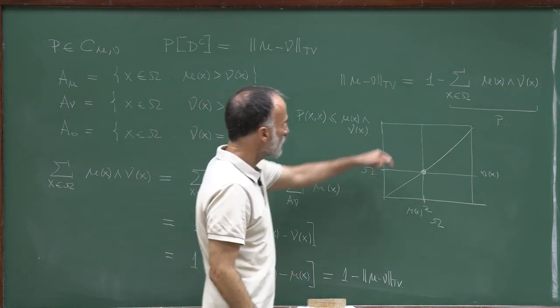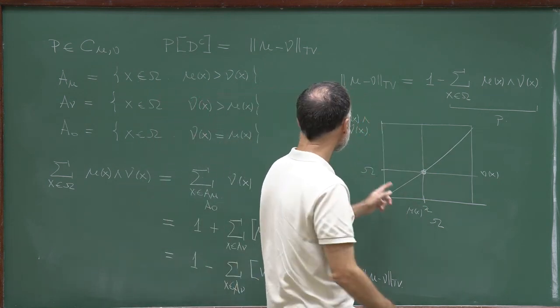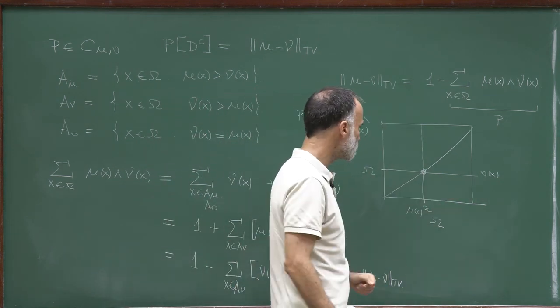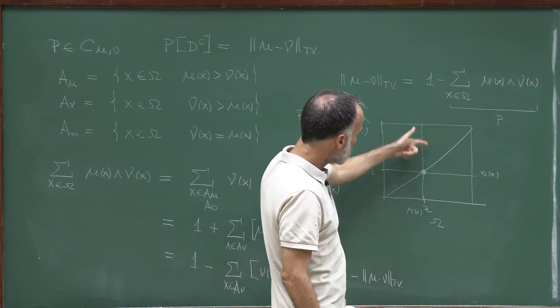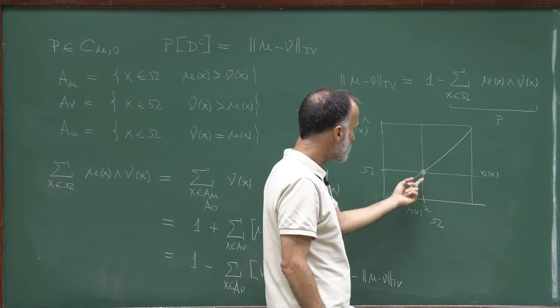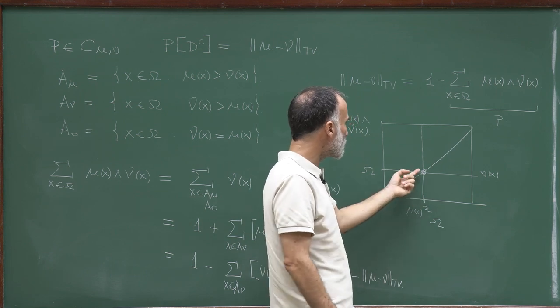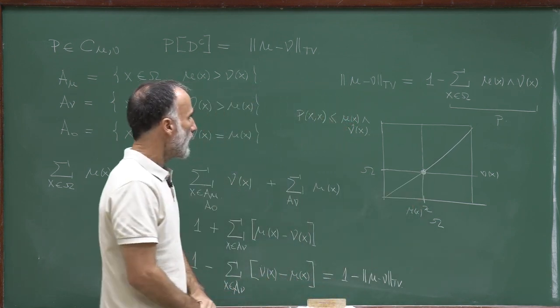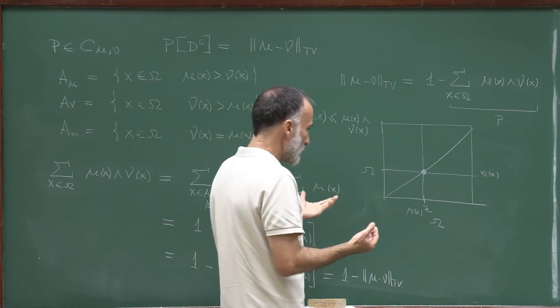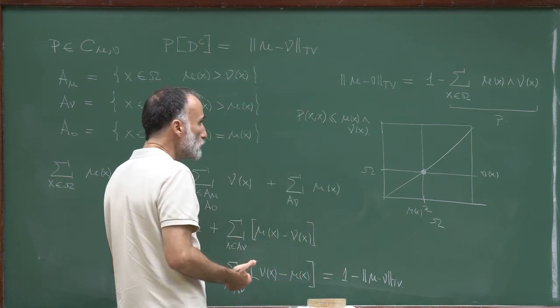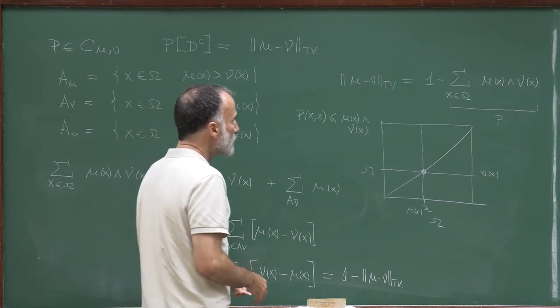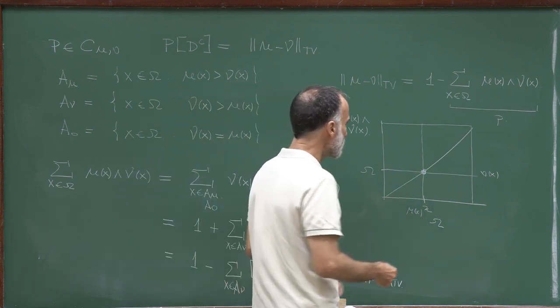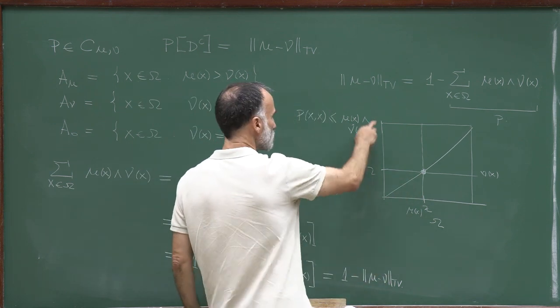Because the sum here has to be equal, let's say that mu is smaller than nu. So since the sum here has to be equal to mu of x, this point can be at most mu of x.